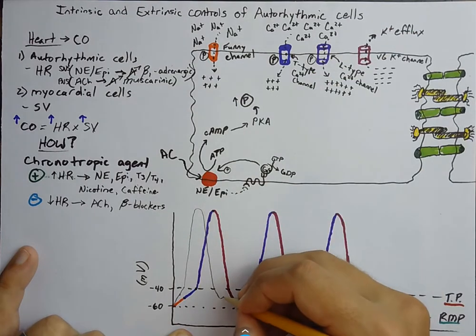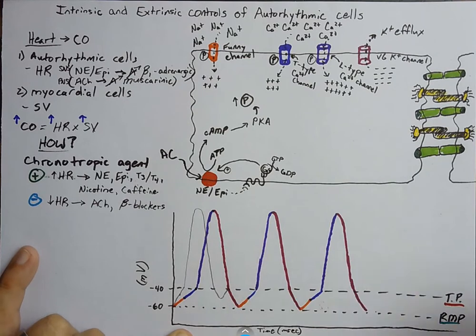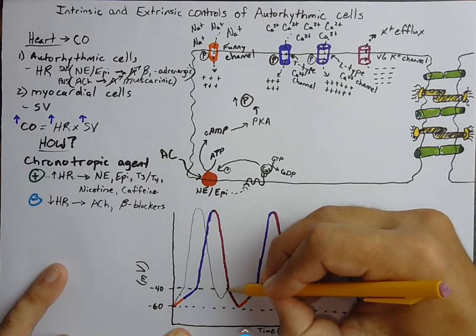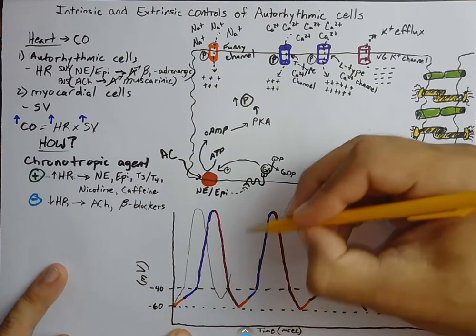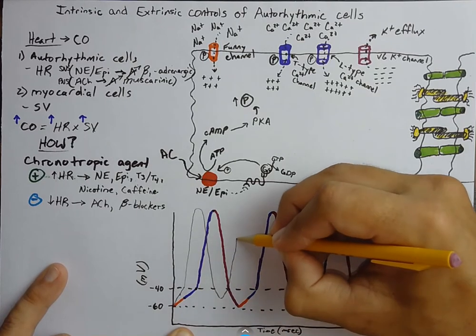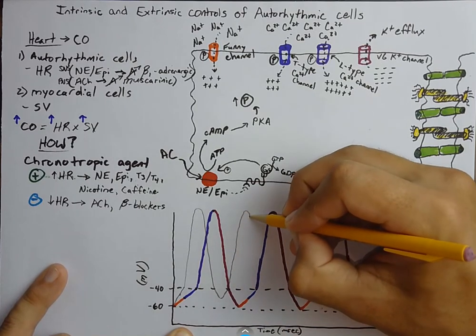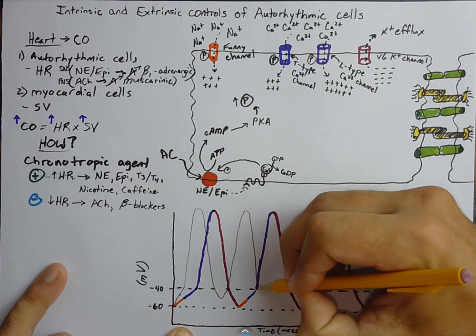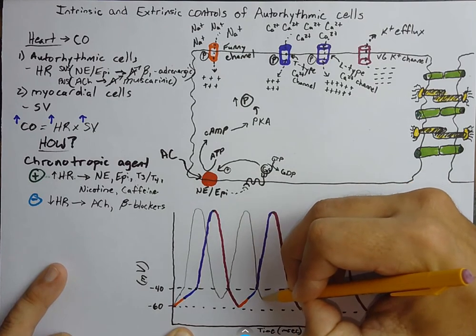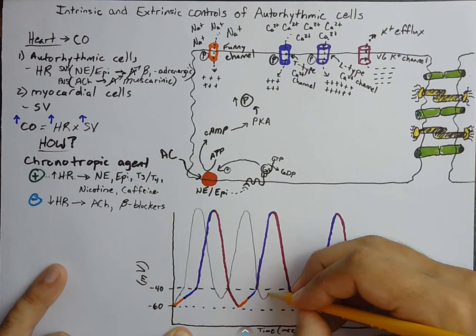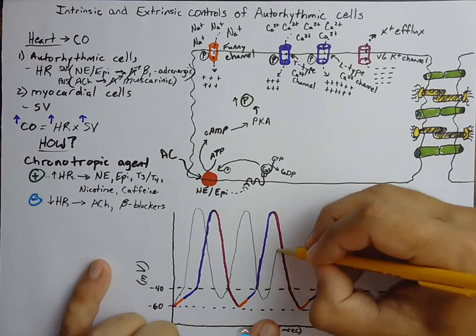The T-type calcium channel, more rapid rate of depolarization. So what just happened? We just hit threshold again already. And when threshold happens, an action potential happens. And then what happens? Boom, the same thing over and over and over.